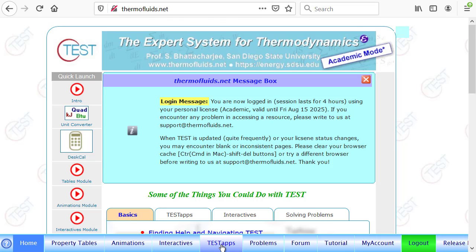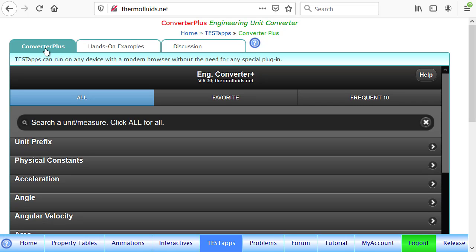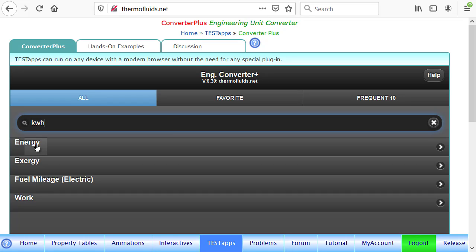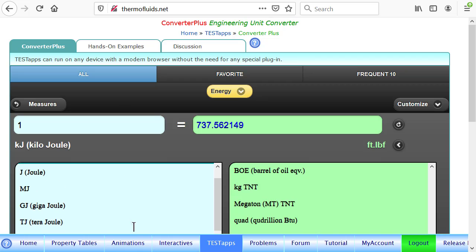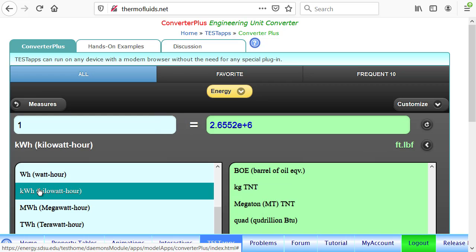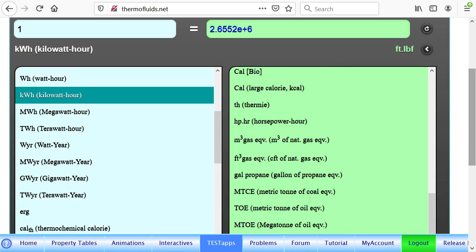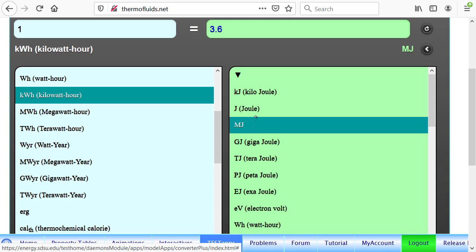So we go to the unit converter test step, and first, let's convert kilowatt hour. We know it's a unit of energy. We can go there, and as you scroll down, a kilowatt hour will be right here, and we can go directly to million joule if you prefer. At the top we have all the SI units or units related to SI.